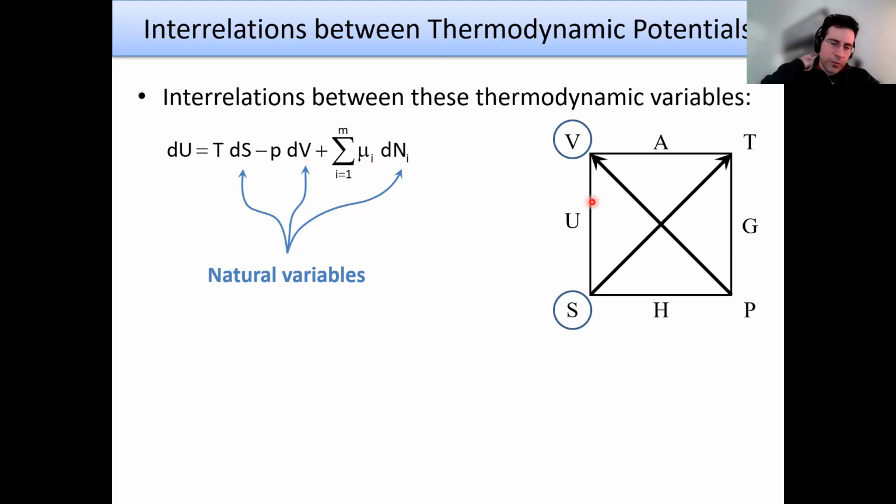When I write these equations, the first thing I do is write the total differential of the potential I'm interested in, like dU in this case, equals something times dS plus something else times dV, because these are the natural variables of energy.